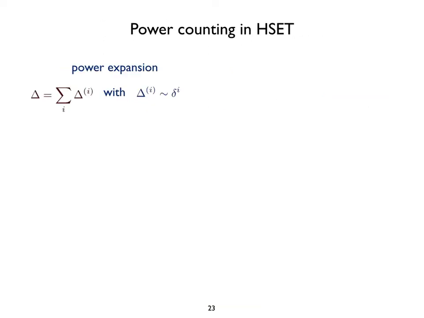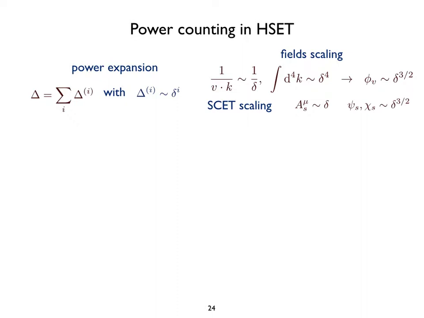First, we organize the matching coefficient in powers of the expansion parameter. The scalar field propagator scales as an inverse power of delta. The integration of the four momentum adds delta to the fourth power. Consequently, we conclude from the propagator expression in the coordinate space that the scalar field scales with the power 3/2.